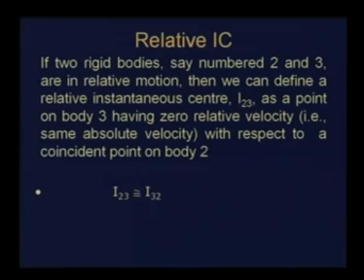In light of this relative instantaneous center, we can redefine the absolute instantaneous center of velocity, which we discussed earlier, as the relative IC with respect to fixed link 1. As you know, in mechanism, there will be a number of rigid bodies, interconnected rigid bodies in plane motion, and there is a fixed link which we always numbered as 1.